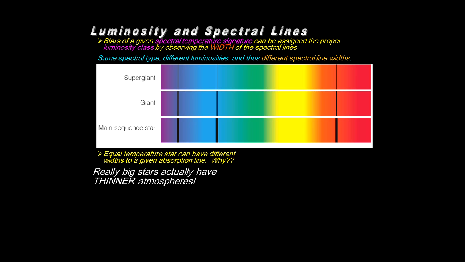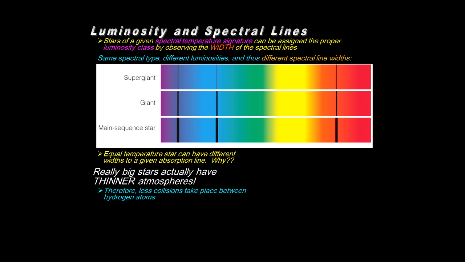The reason for that is that big stars, like supergiants, actually have thinner atmospheres. And the thinner atmospheres means there's less energetic interactions amongst the atoms, or the particular ionized atoms. So there's less collisions taking place.